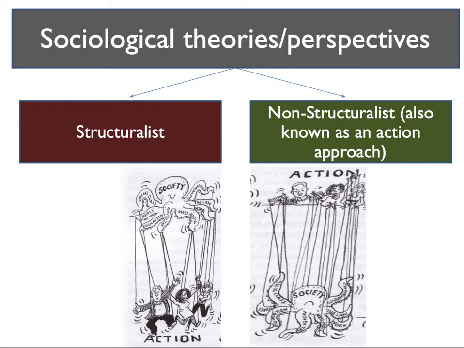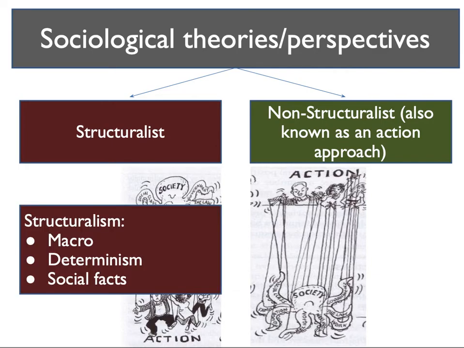Recall. When looking at traditional sociological theories, the first distinction we make is to say whether they adopt what is known as either a structuralist or what is broadly described as a non-structuralist approach. That is what these 2 pictures are supposed to represent.